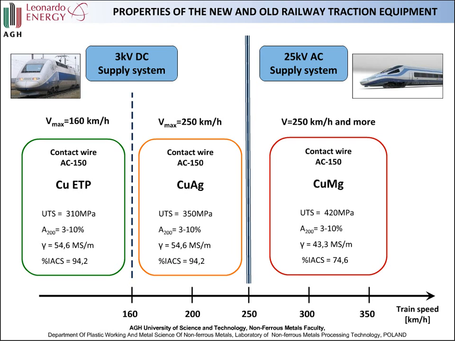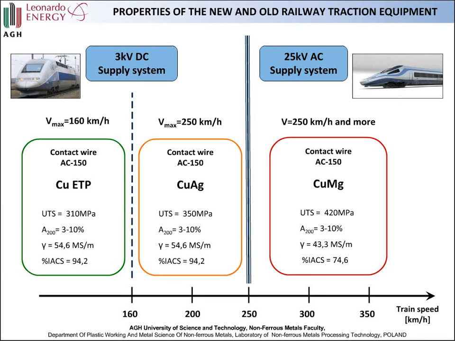This is the reason why in those systems the most popular is copper-magnesium alloy, with ultimate tensile strength at the level of 420 megapascals and electrical conductivity of more or less 75% IACS. Of course, copper-silver can be used in this system as well, but it is more expensive due to the additional silver needed in that alloy.